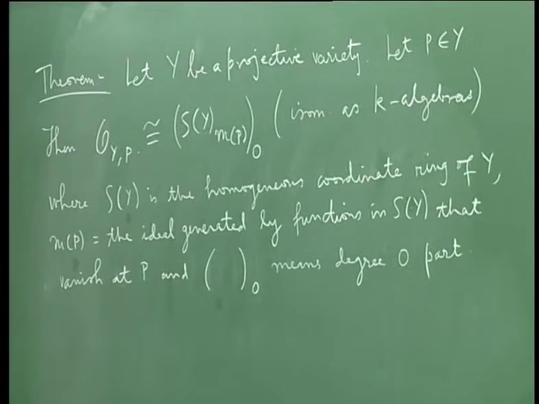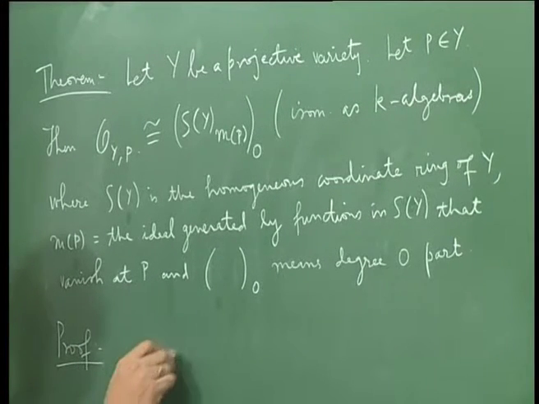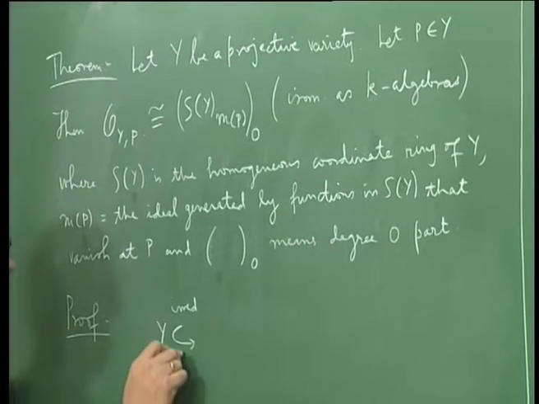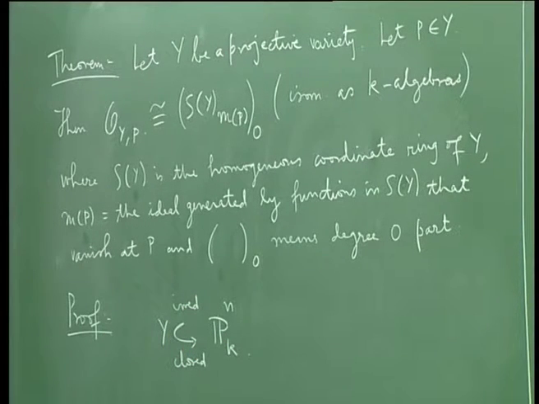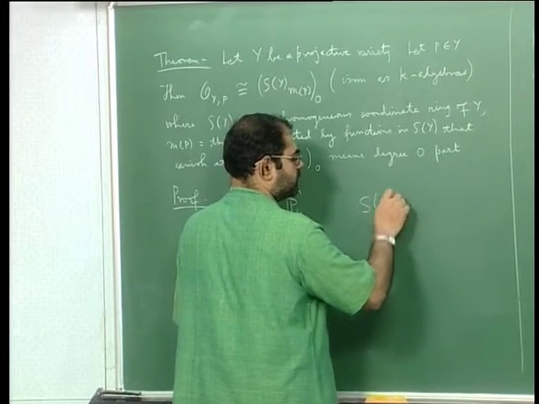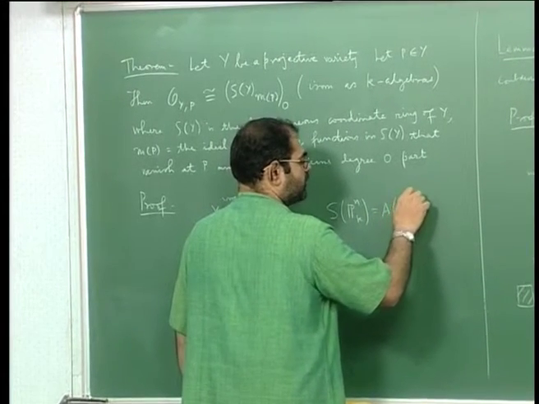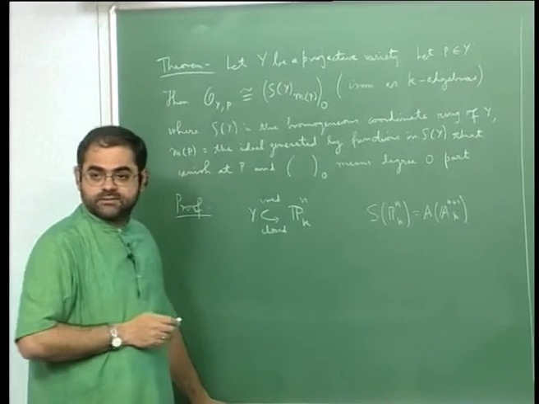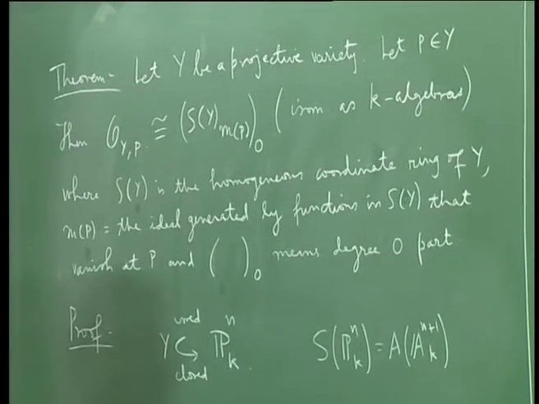Okay, so let me explain this. You see the situation is you have Y sitting inside projective space as an irreducible closed subset, and then of course you have the homogeneous coordinate ring of the projective space, which is just the same as the affine coordinate ring of the affine space above, of which the projective space is a quotient, of course a punctured affine space.